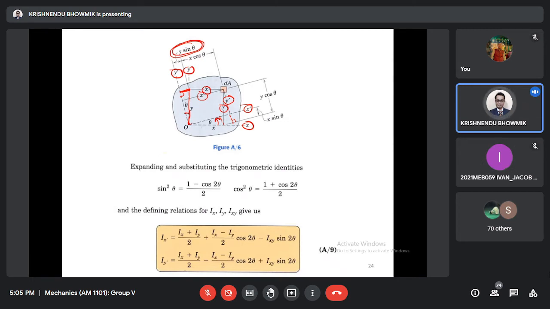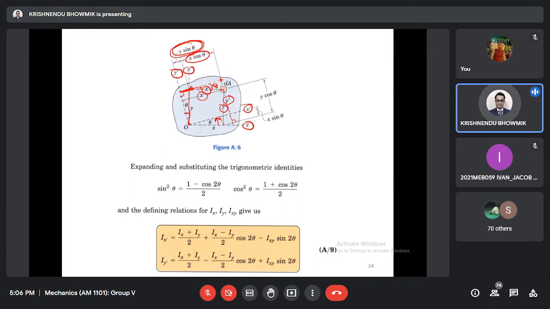Next, if this is x and this is x prime, we can extend this. This is theta. This is also theta. If this is x, this is theta, then this distance will be x cosine theta.